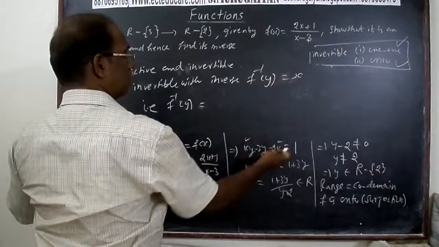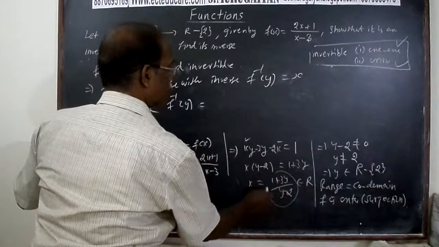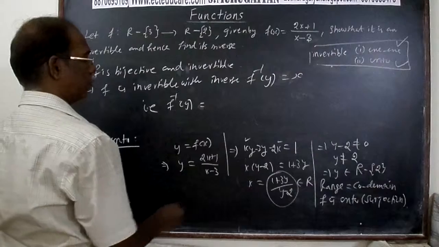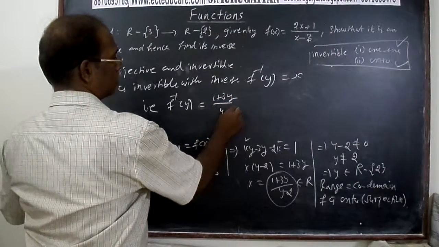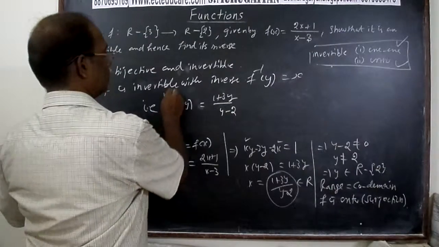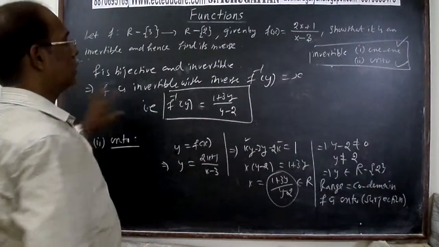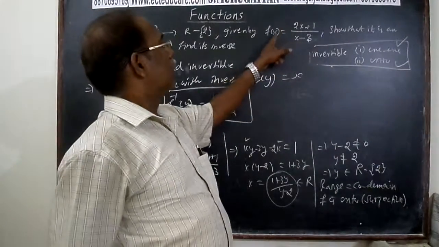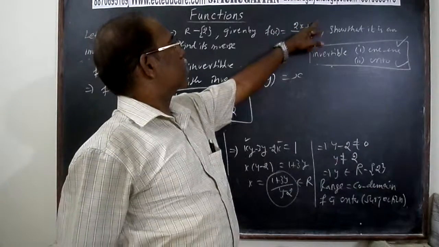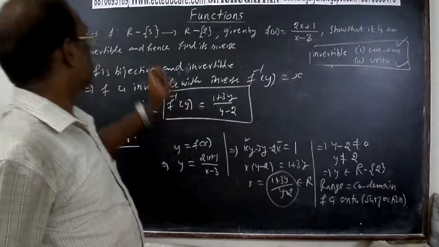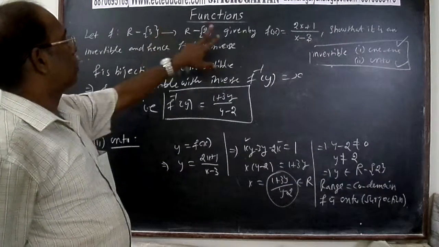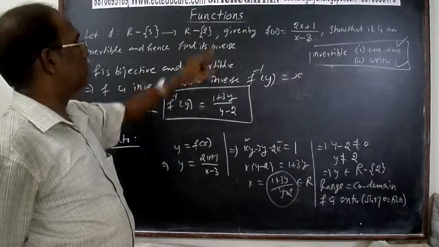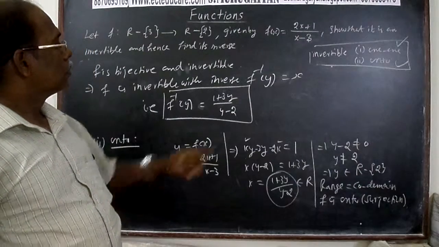So x is replaced by (1 + 3y)/(y − 2). So this is the inverse of the function f(x) = (2x + 1)/(x − 3) with the domain R minus {3} and codomain R minus {2}. Okay, understood?